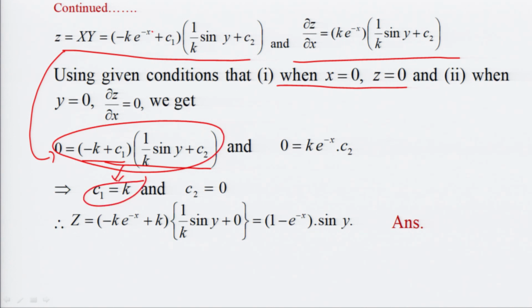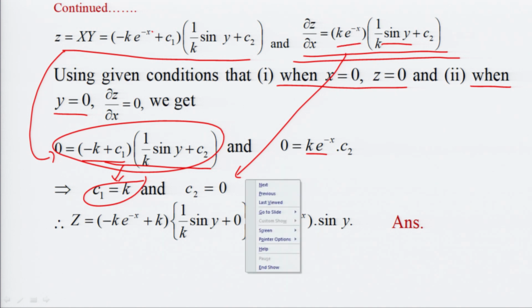And for the second one, when y is 0, del z by del x is 0. So, when y is 0, that is this one is 0, so k into e to the power minus x, del z by del x is 0 and C 2.